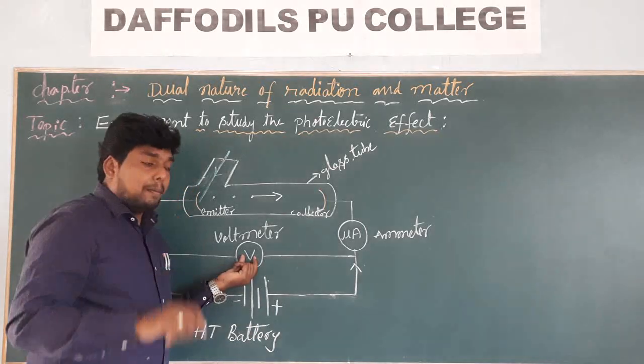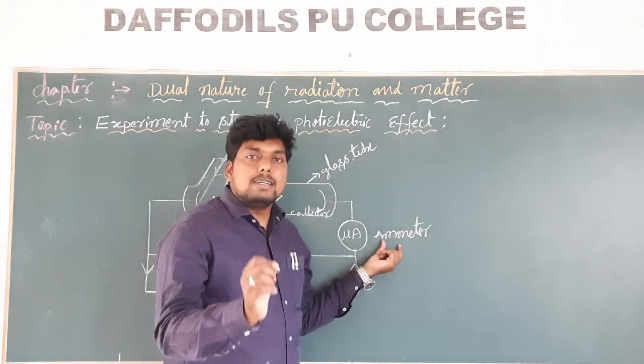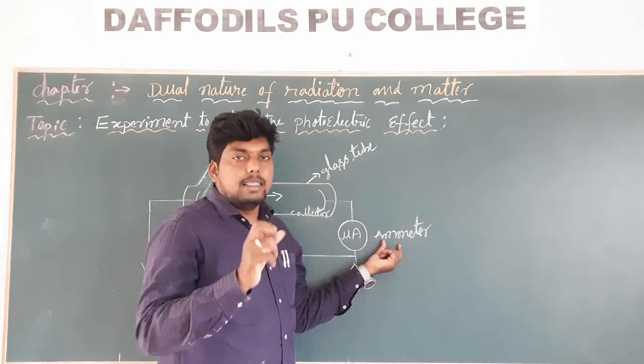Voltmeter measures the potential difference. In this experiment, we have used different devices: a battery which provides the potential difference and creates an electric field between the two points, a voltmeter which measures the potential difference, and an ammeter which measures the electric current in the circuit.